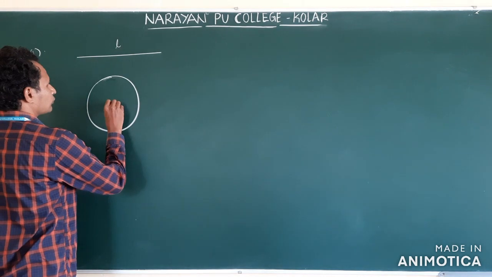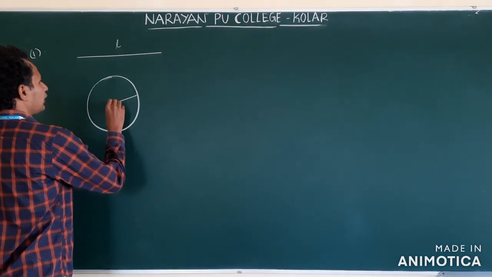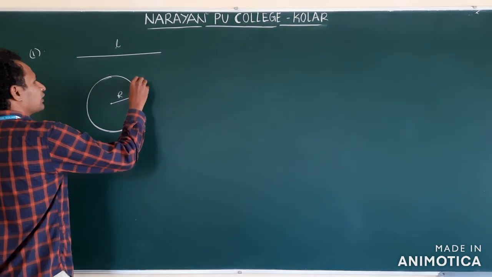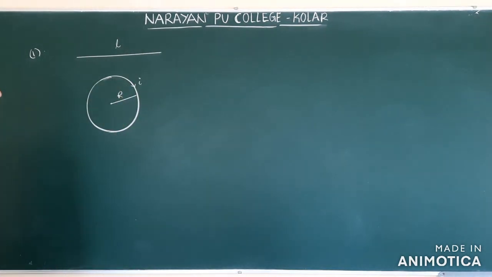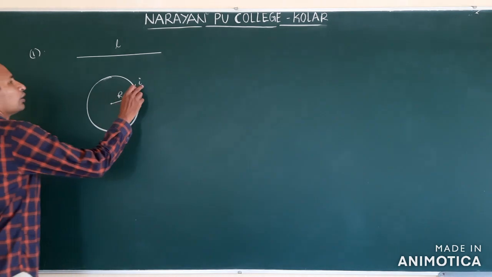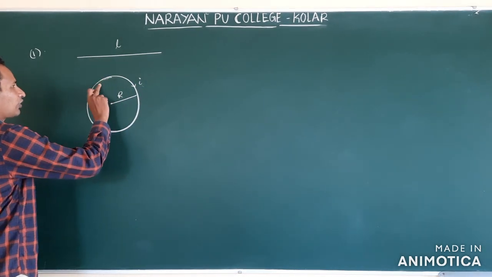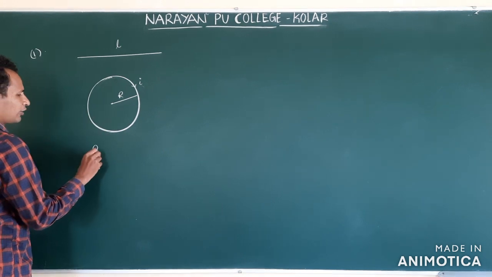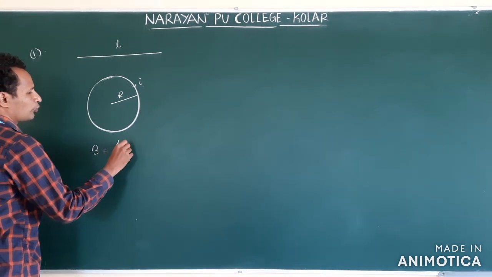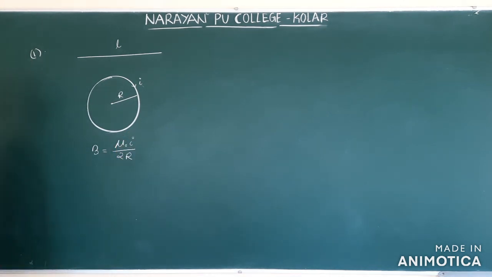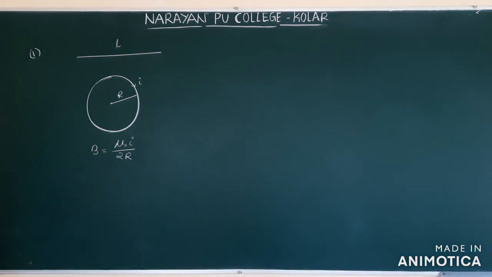So take its radius as capital R, and it carries current I. Assume I is the current in this coil. Then the magnetic field at the center, B, is equal to mu naught I by 2R. Clear? This is the first case.